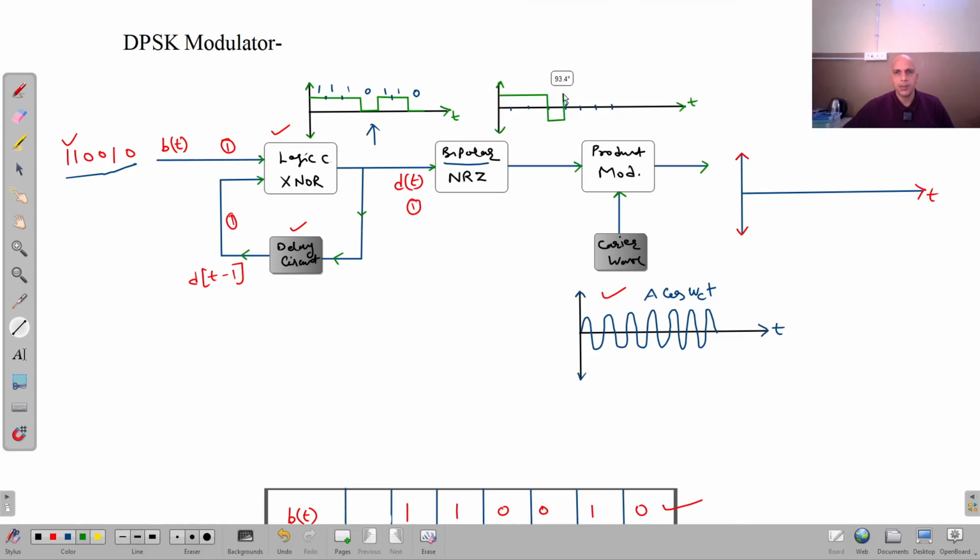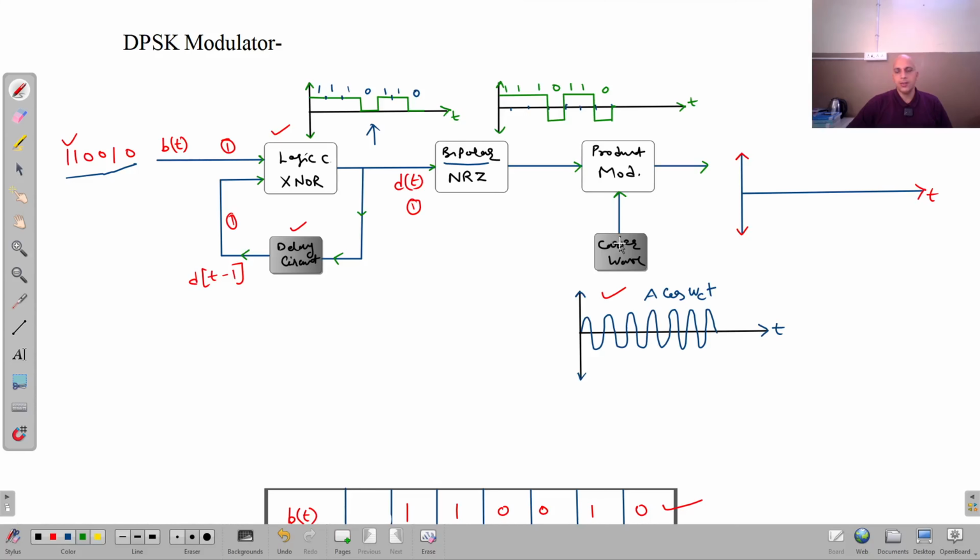You can see here now it is the bipolar NRZ format of this signal. I have told you what the bipolar NRZ format is in the earlier lecture also.